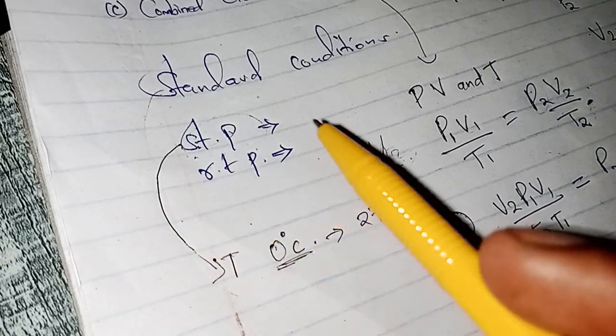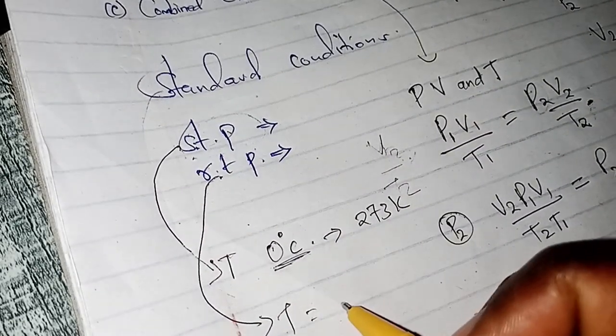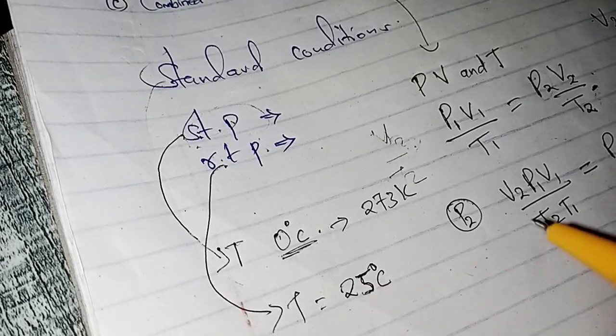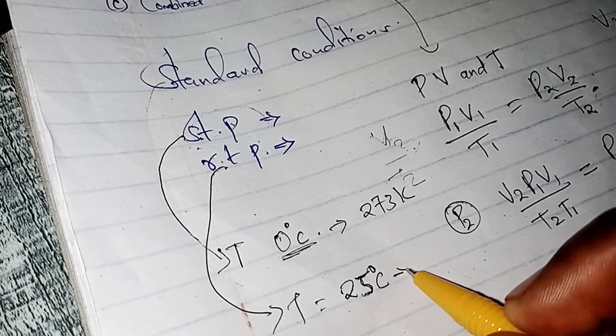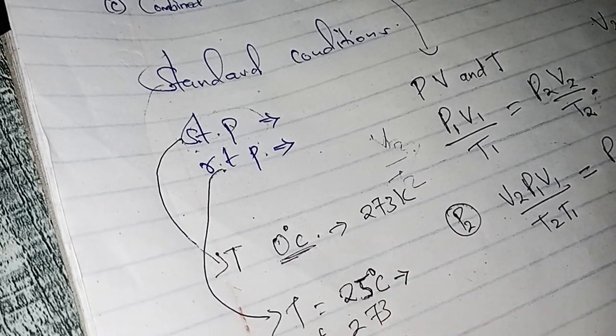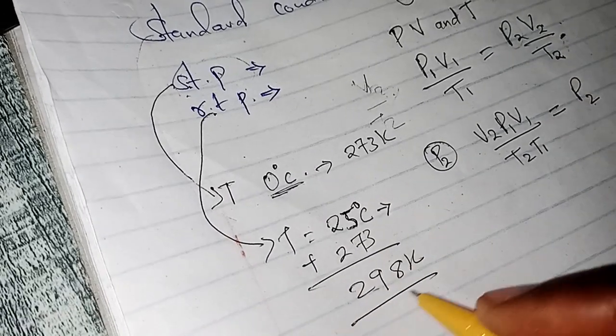At RTP, room temperature, it is always 25 degrees centigrade, but when you convert into Kelvin, you add 273 and this gives 298 Kelvin.